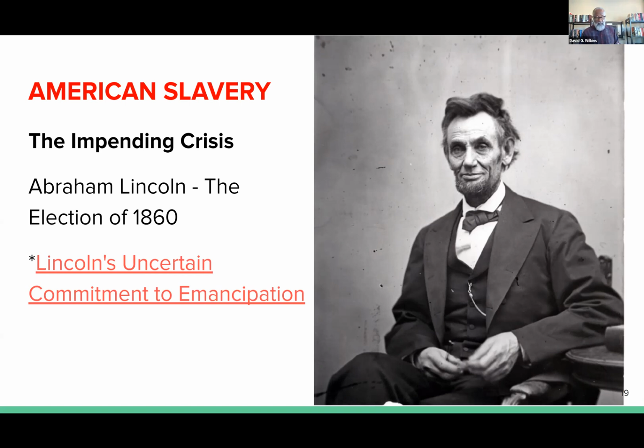Lastly, then, in July 1862, Congress will pass the Militia Act, which will, at this point, permit Lincoln and the Union to recruit Black troops, which will become increasingly critical to the war effort in 1863 to the end of the war.